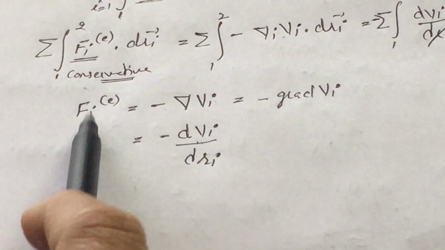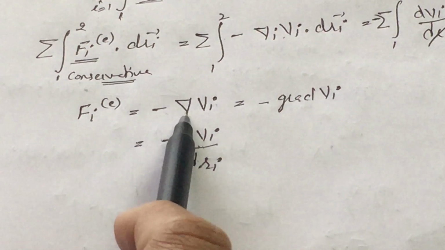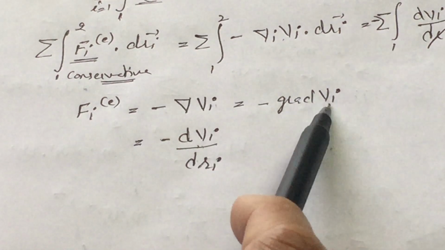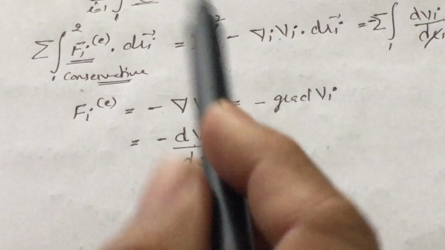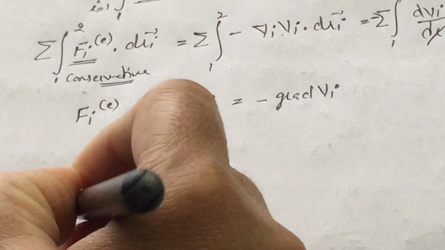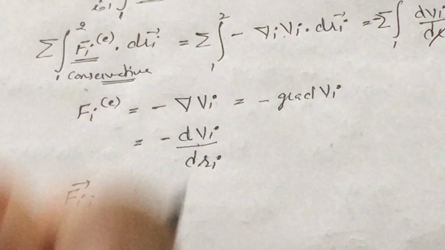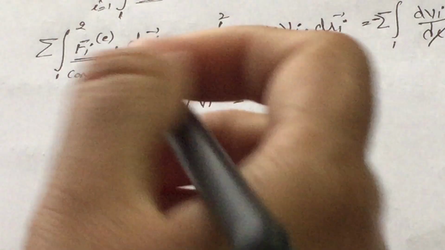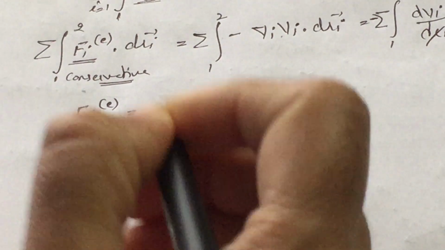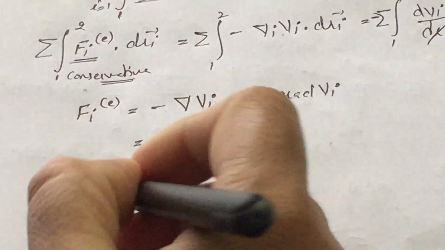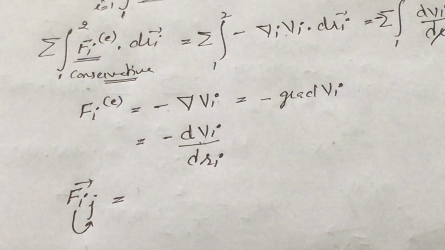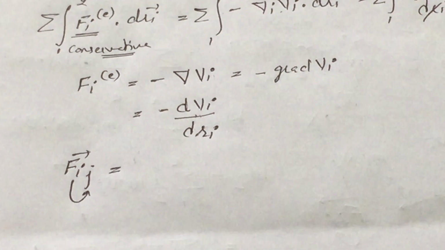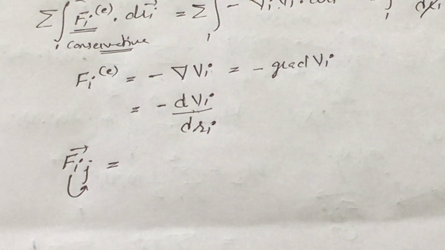As we have substituted Fi, the external force, in the form of gradient of the potential energy of the ith particle, similarly, we can represent the internal force on the jth particle due to the ith particle, because this internal force is also a conservative force.